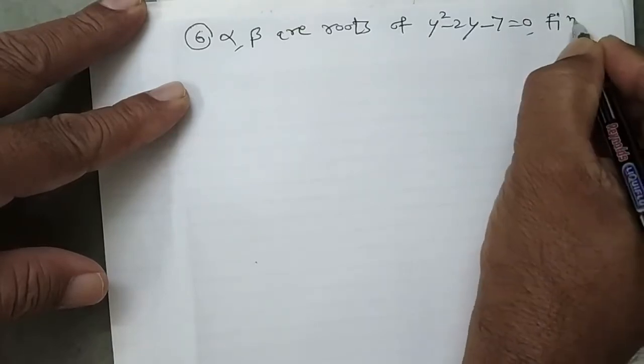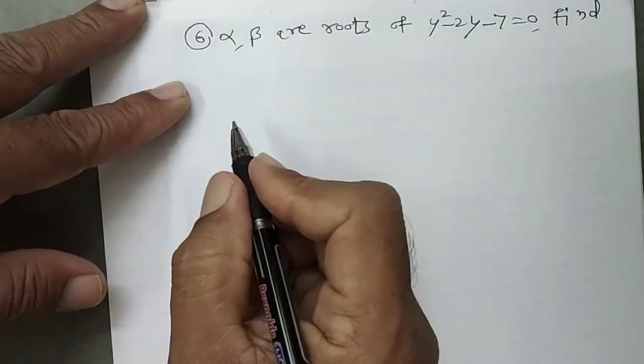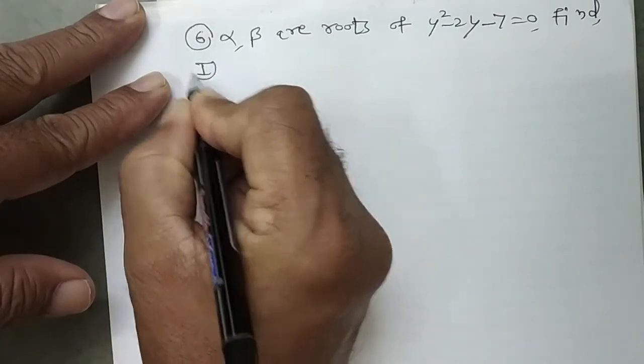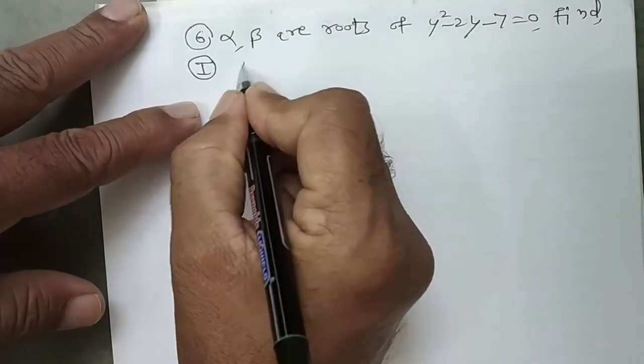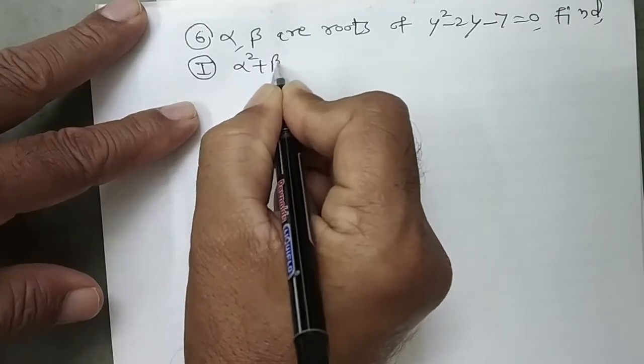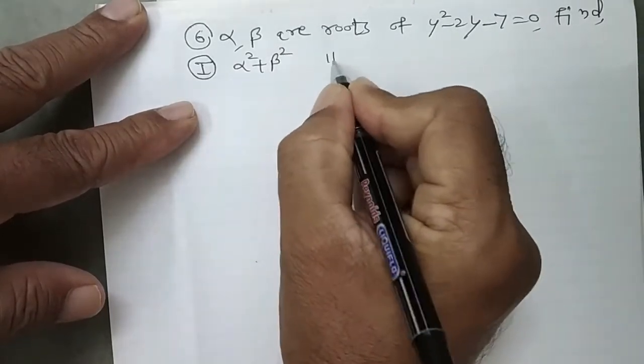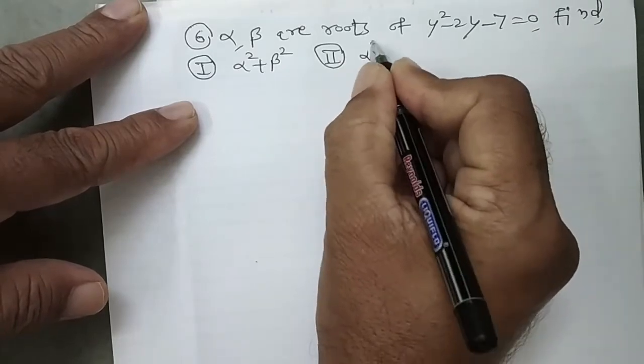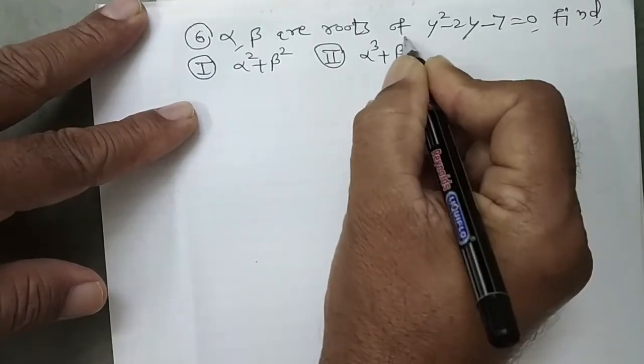Find number 1, alpha square plus beta square, and number 2, alpha cube plus beta cube.